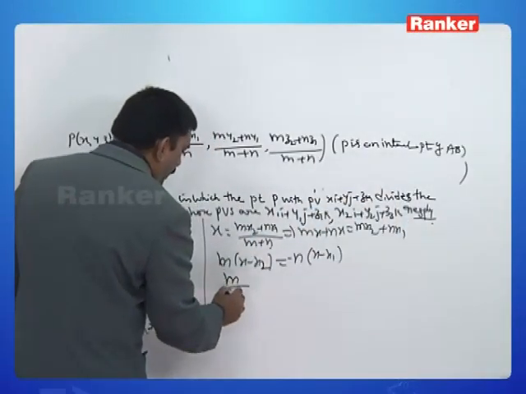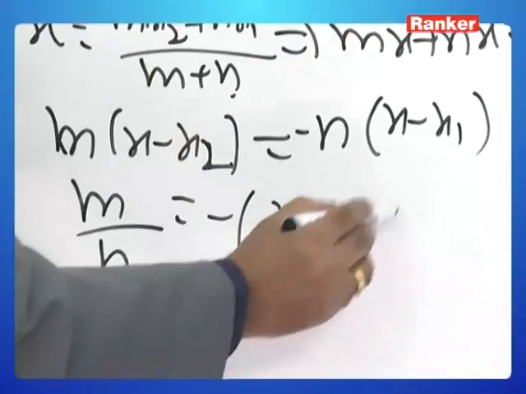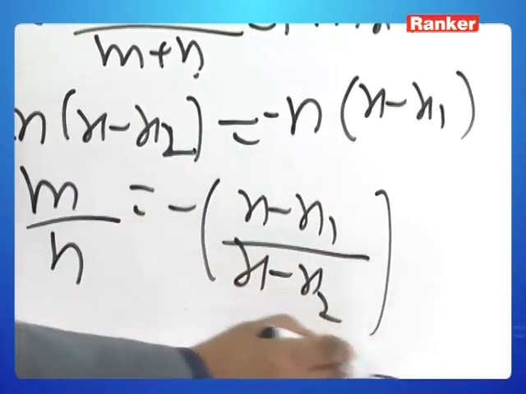So therefore, m by n is equal to minus of x minus x1 by x minus x2.